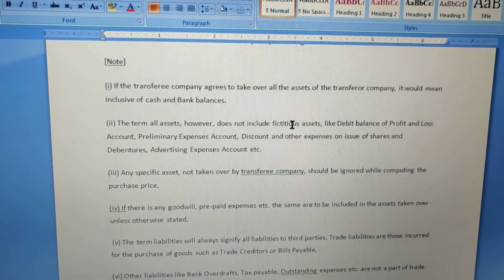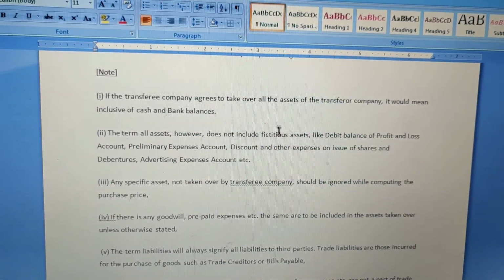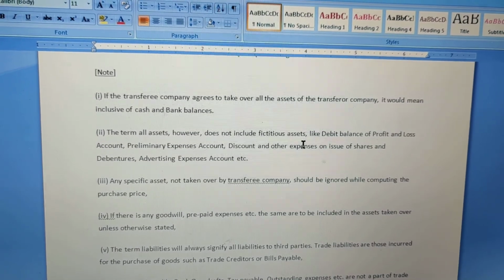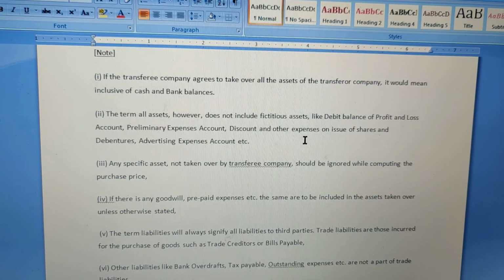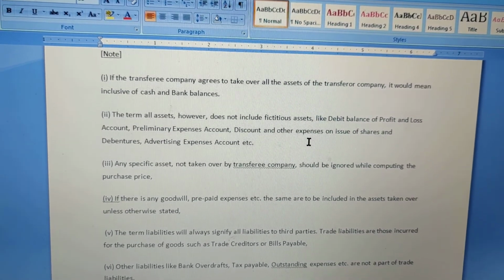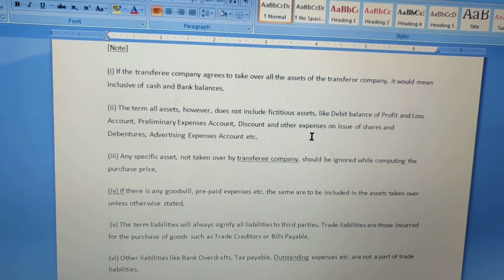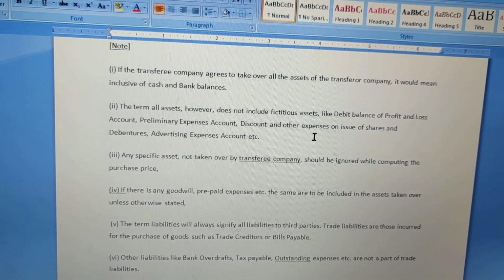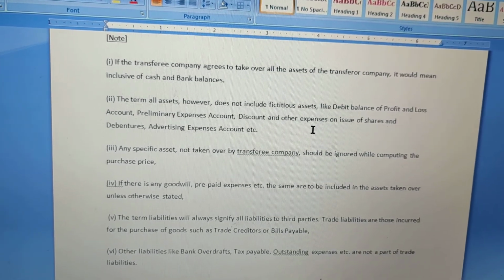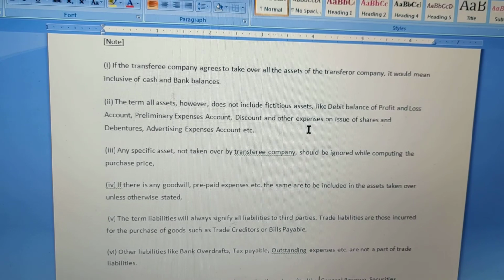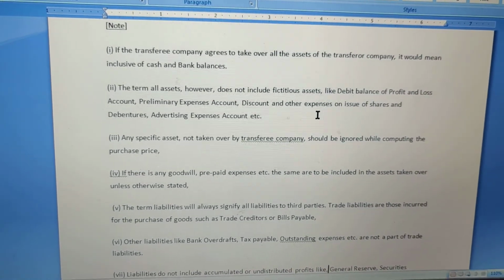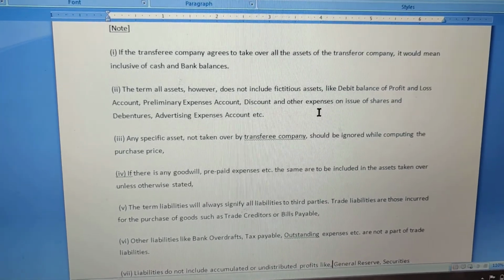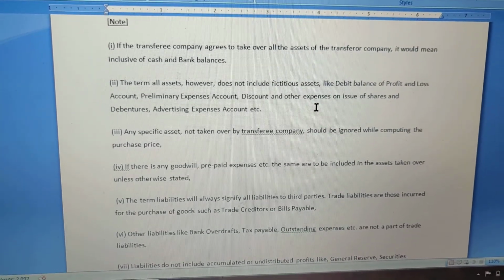So it does not include fictitious assets like debit balance of profit and loss account, preliminary expenses account, discount and other expenses on issue of shares, debentures, advertising expenses account, etc. So you have to mark it that all the assets means current and fixed assets, and it does not include fictitious assets. So you don't have to include all the fictitious assets while calculating your purchase consideration. Clear?